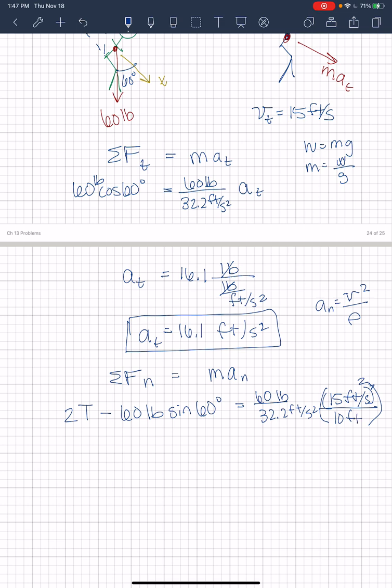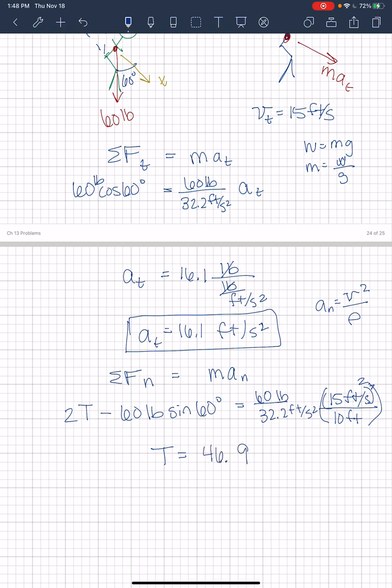So then we can solve for this, and let's see what we get. We get T equals 46.9.